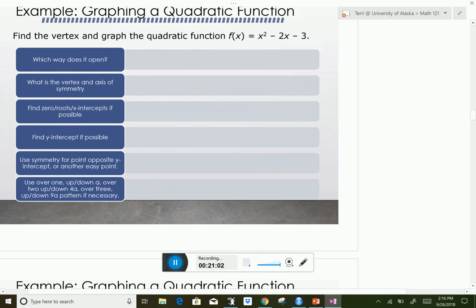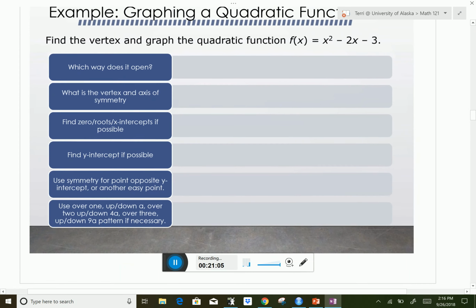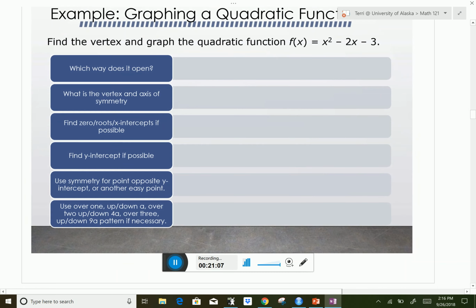All right, so let's just look at this and ask some questions about it. So I see this quadratic function. I say, which way does this open? And I see that a is positive, so it opens up. What is the vertex and axis of symmetry? So I get negative b over 2a.